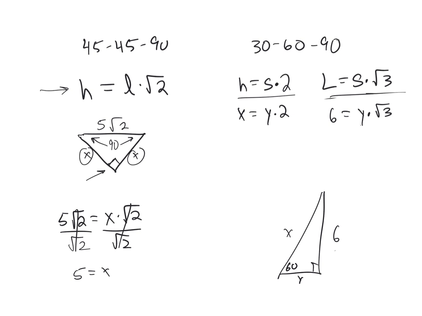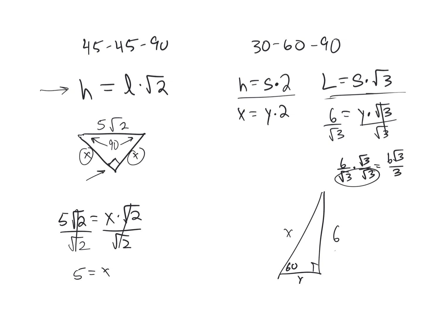So what is y? We divide off the square root of 3. Now, you can't leave this as 6 over the square root of 3. You can't leave a radical in your denominator, so we have to do what we call rationalizing. If you have a radical in your denominator, multiply by that radical over itself. In the top, we get 6 square root of 3. In the bottom, you notice you have a pair, so that's just 3.